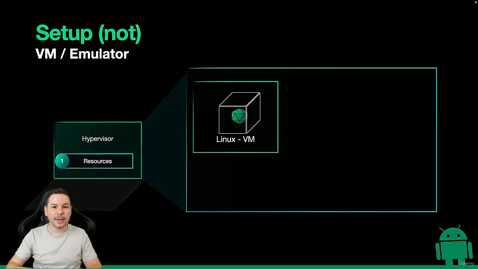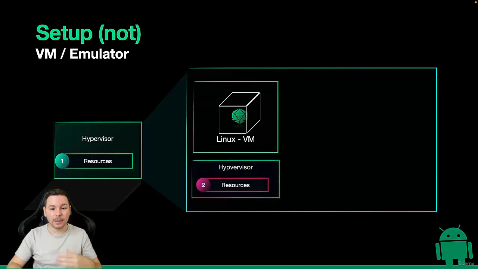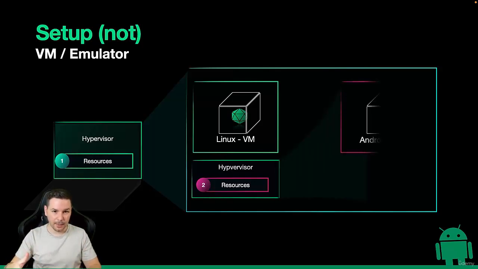But now, if we are running another virtual machine inside our virtual machine, so let's say our Linux VM is now our Ubuntu system where we are installing all these tools, Android Studio and many more, and we are now starting the emulator from this Linux VM, then we need another hypervisor. This hypervisor is once again sharing those resources from our already shared hypervisor with the newly created VM.